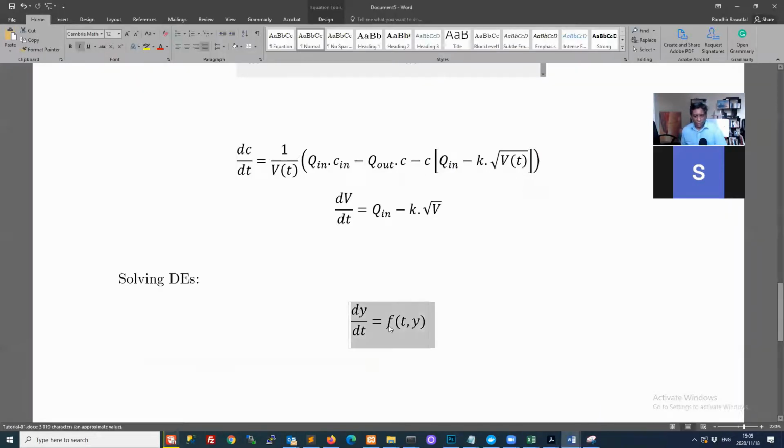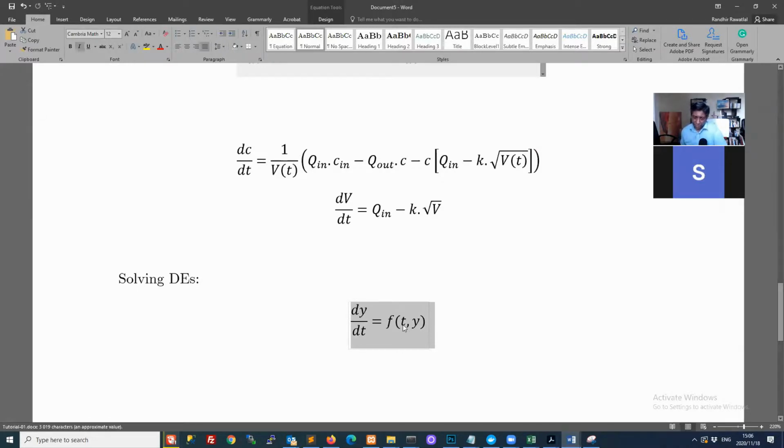Now, if you look at this equation, it's telling us that if you give me the time and the value of y, I'm able to tell you the gradient dy dt.